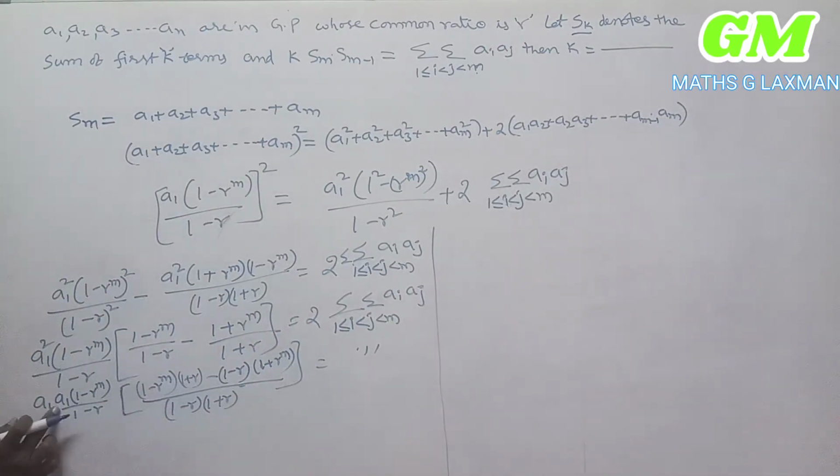This a1 (1 minus r^m) by (1 minus r) we can write as S_m.